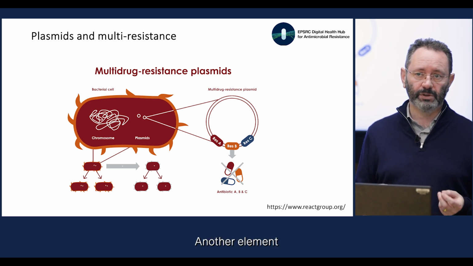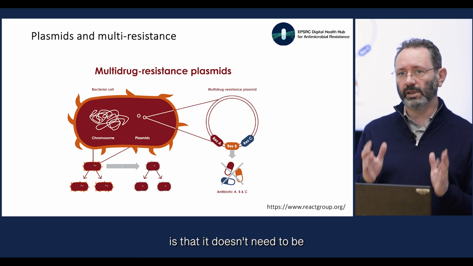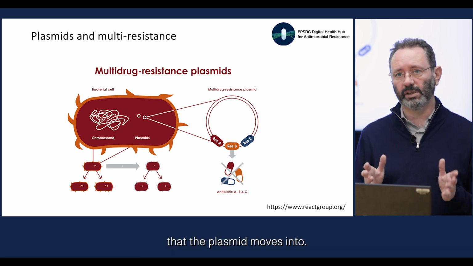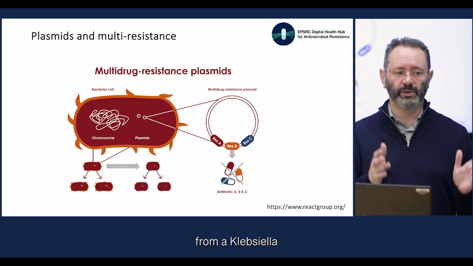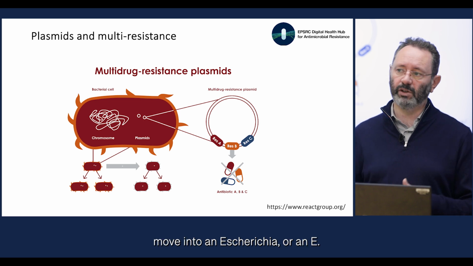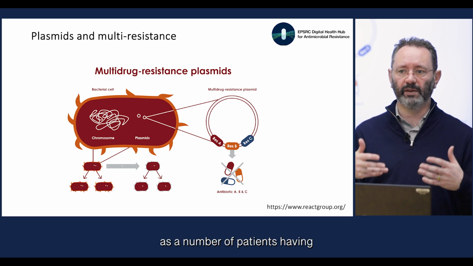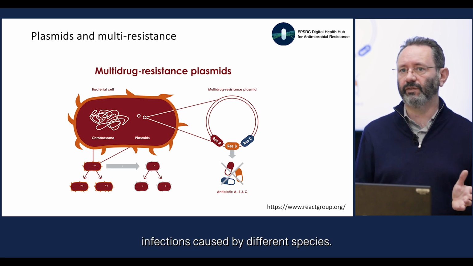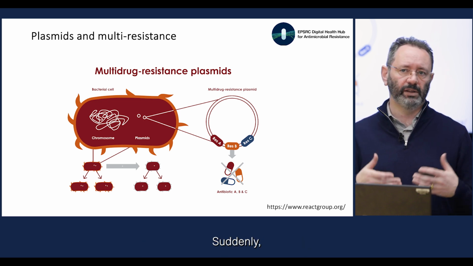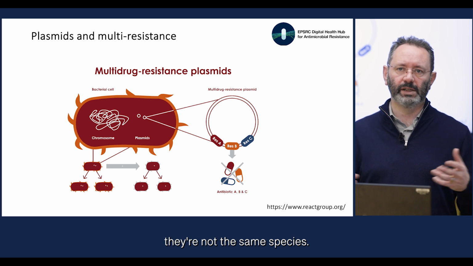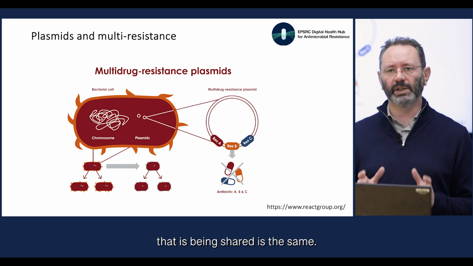Another element to this multi-resistant plasmid spread is that it doesn't need to be the same species that the plasmid moves into. So you can see a multi-resistant plasmid from a Klebsiella move into a Serratia or an E. coli, for example. And so this will present as a number of patients having infections caused by different species, and therefore you wouldn't naturally think of it traditionally as an outbreak. Certainly, they're not the same species, they're definitely not the same clone, but the resistant element that has been shared is the same.